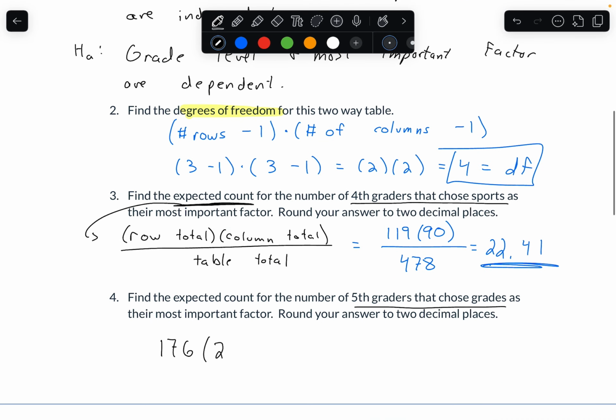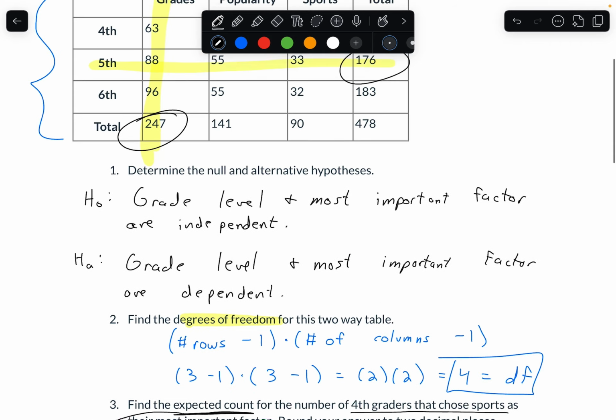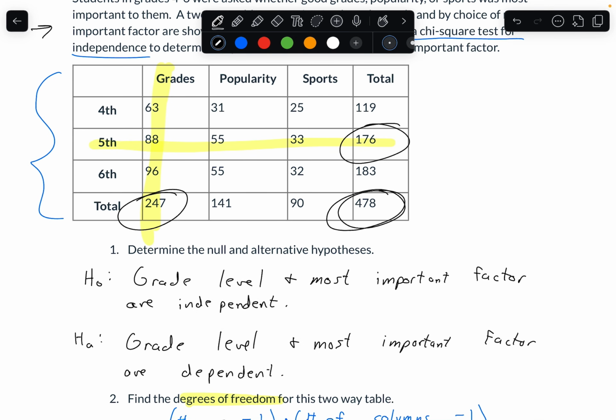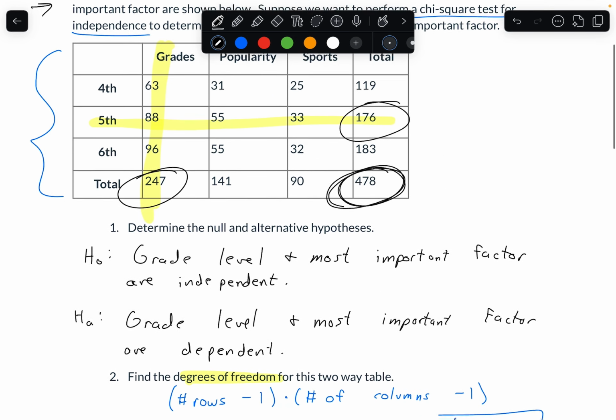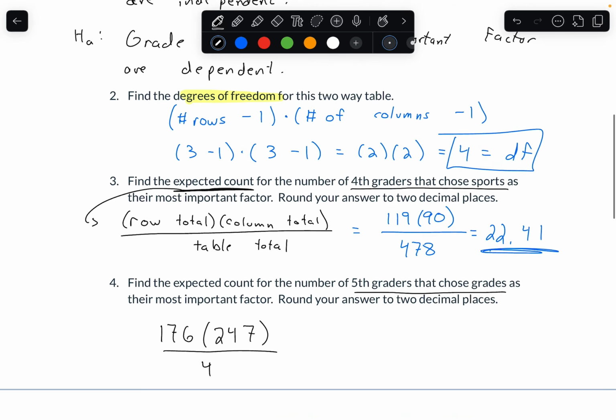So times 247. Again, divided by my table total, the total number of responses in my survey was 478. So I'm going to take 176 times 247 and then divide by 478, and I end up with 90.95 individuals I would expect to see there if the null hypothesis were true.